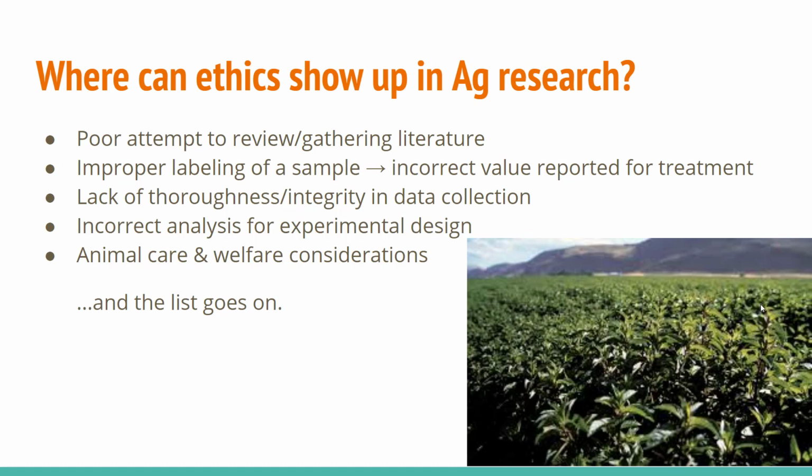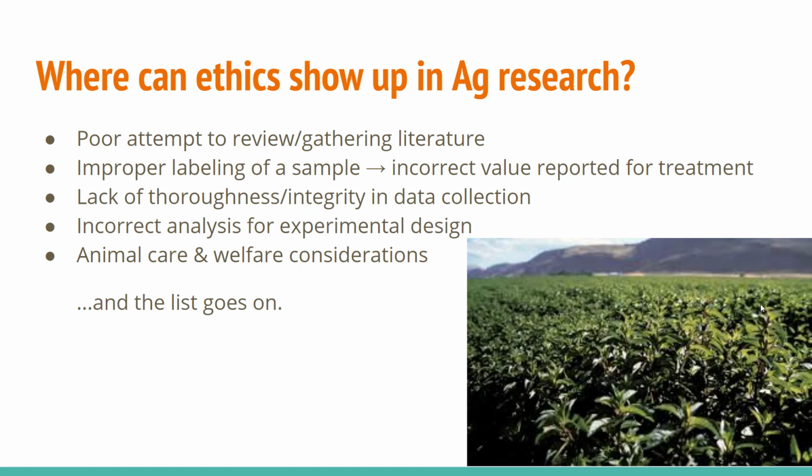Okay, so we can see really poor attempts at gathering literature before a research project starts. That's an ethical issue. We can see simple things like improper or negligent labeling of a sample being run in the lab, and that value for whatever trait is being measured being entered into a treatment that it was not officially a part of.